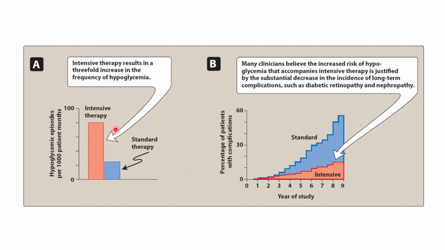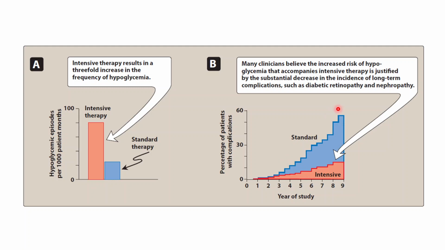So actually there are two types of therapy: intensive therapy with the high doses that will lead to the hypoglycemia, and standard therapy with the low doses that will lead to the diabetic complications like retinopathy and nephropathy.